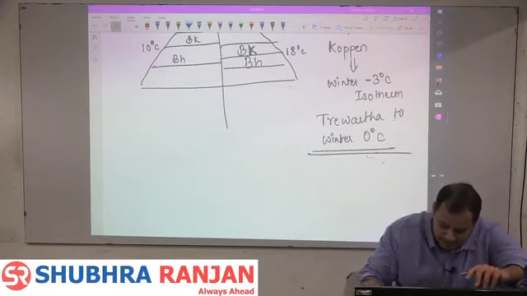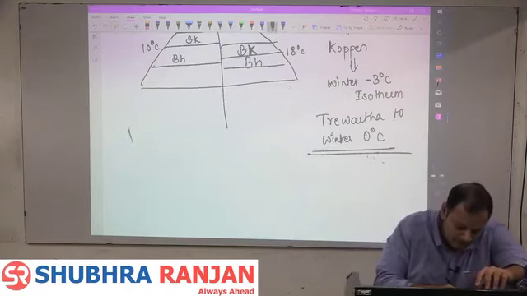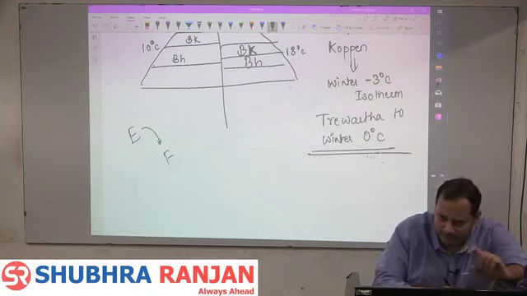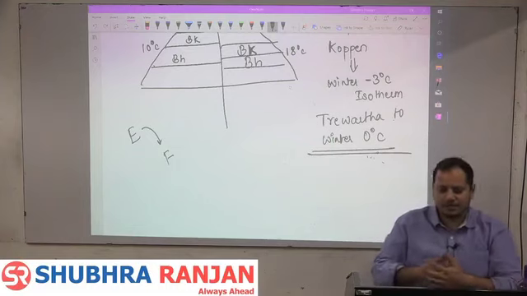Next, how many climatic types are in Köppen? A, B, C, D, E, F or E? 5. In this there are 6, F. So Köppen's E is Trevartha's F. That is the next difference.